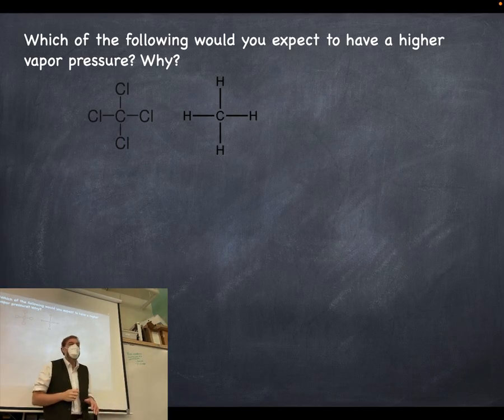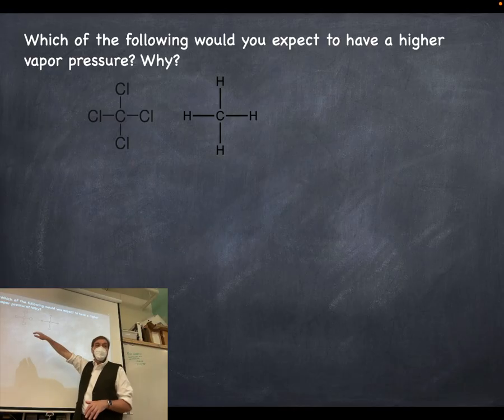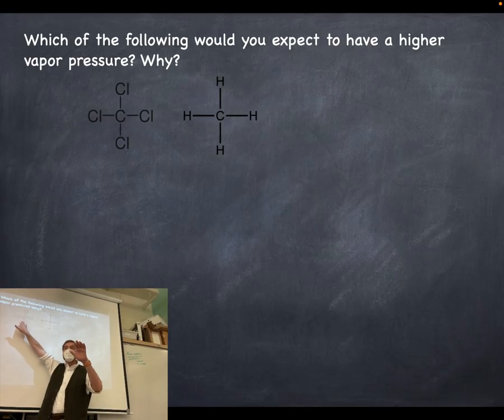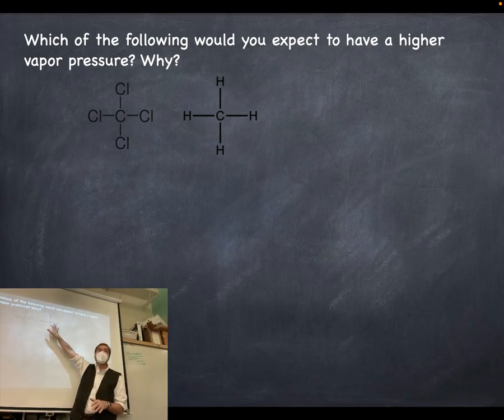What does that tell me about its vapor pressure? A lower vapor pressure. The stronger the intermolecular force, the harder it is for the liquid to turn into a gas, and the lower the vapor pressure will be. So methane has a higher vapor pressure because it has weaker intermolecular forces, in this case because it has fewer electrons.